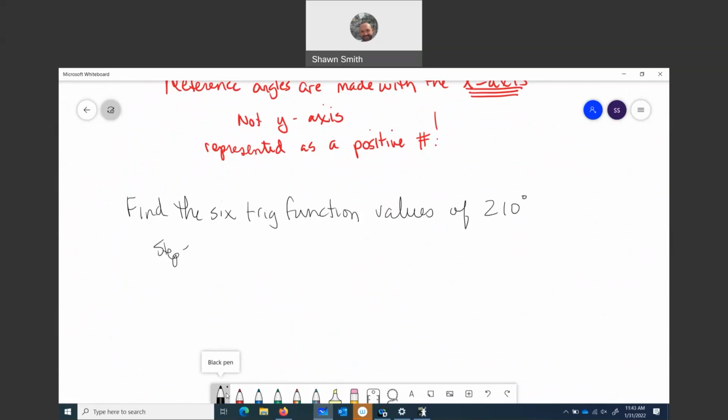So step 1, find the reference angle. You can draw a picture if you wish, it doesn't matter. But you know 210 is in quadrant 3, right? That's 180. To get to 210, you have to add 30 degrees to it, right? So our reference angle is 30 degrees.